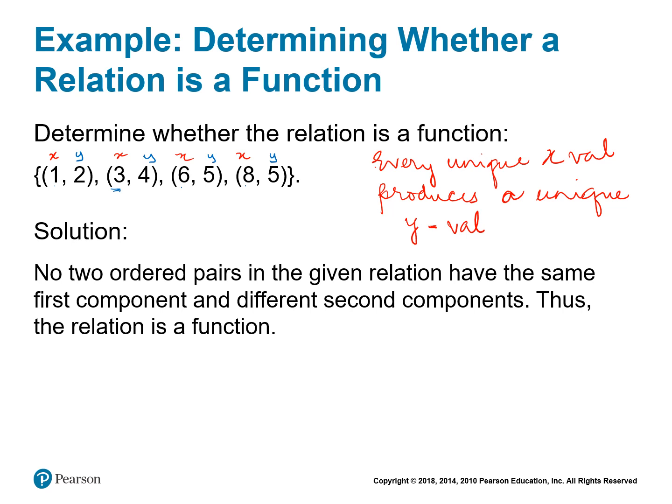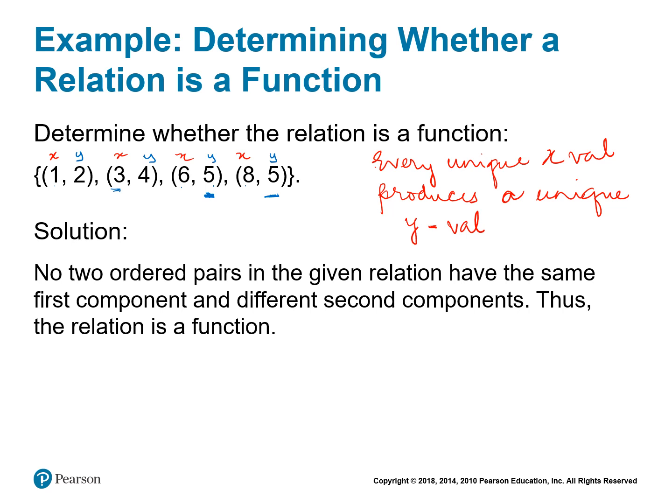So we see that each unique x value maps to a unique y value. So 1, 2, 3, 4, 6, 5, and 8, 5. Even though y is repeated in the third and the fourth ordered pair, with the same value 5 for y, that 5 maps to different x values.